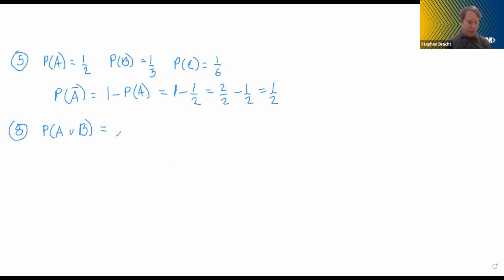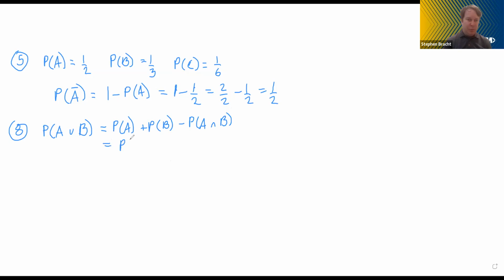However, what you'll find in that other video about probability of a union is that the formula for finding the probability of a union looks like this: the probability of A union B is equal to the probability of A plus the probability of B minus the probability of the intersection of A and B.